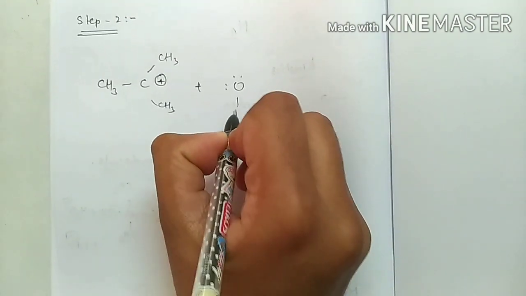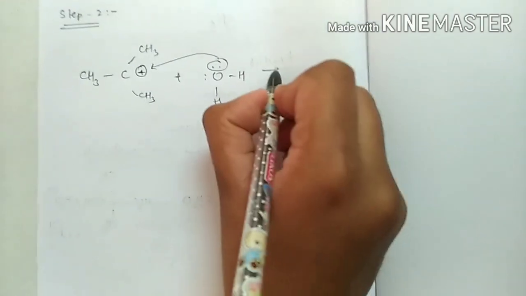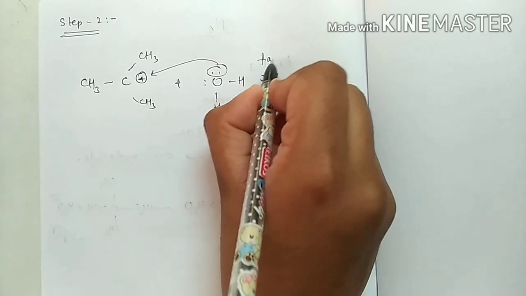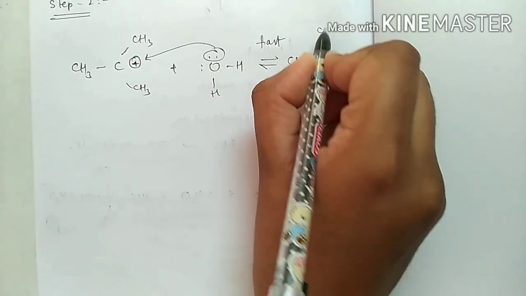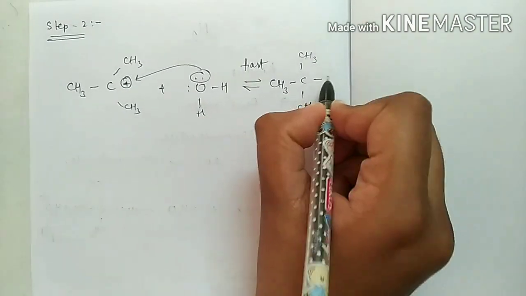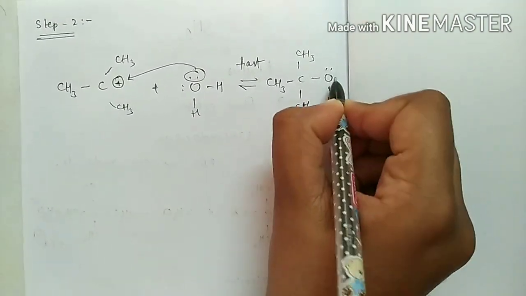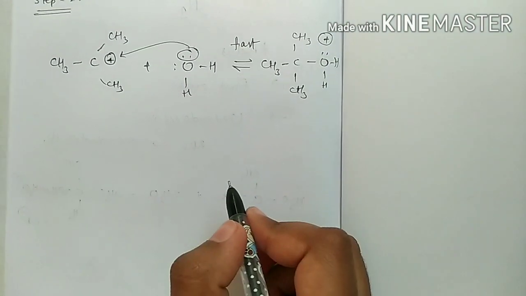So the water molecule donates a lone pair of electrons to this cation. This is a fast step. So this produces tertiary butyl oxonium ion.